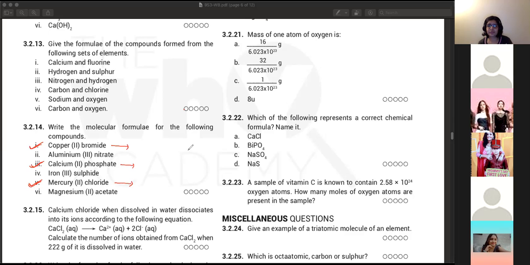See, I'm assuming that you guys are figuring out for all 3 of them and sending at the same time. But in case you're stuck somewhere, calcium phosphate कैसे लिखना है if you're confused, or mercury का अगर symbol भूल गए तो let me know. Don't get stuck there, huh?